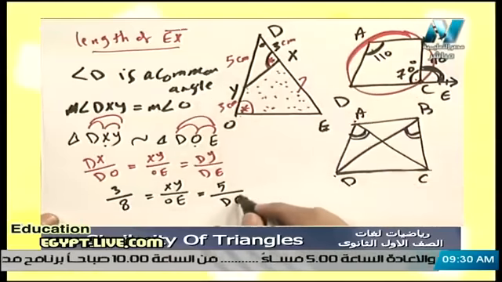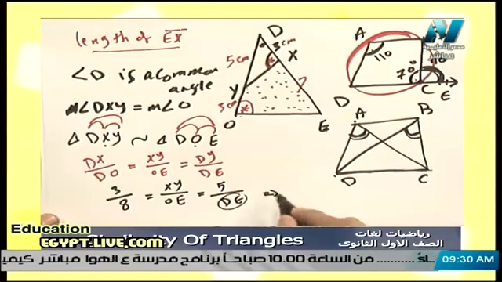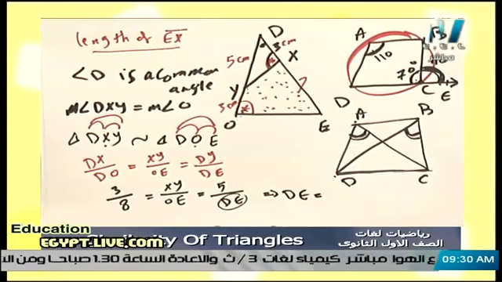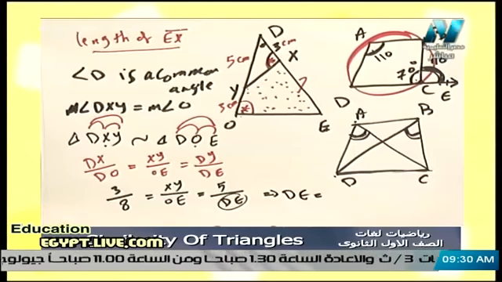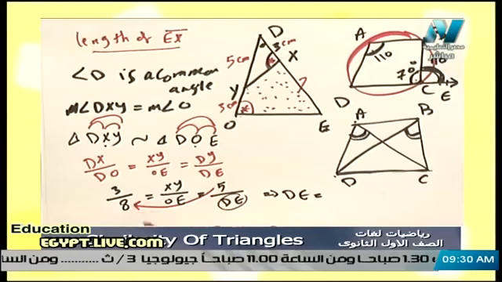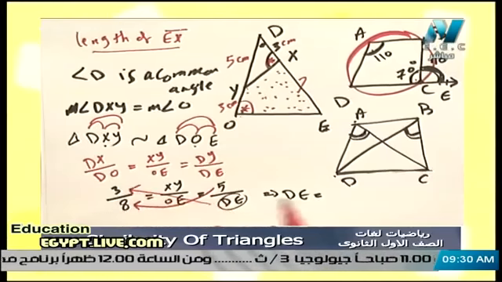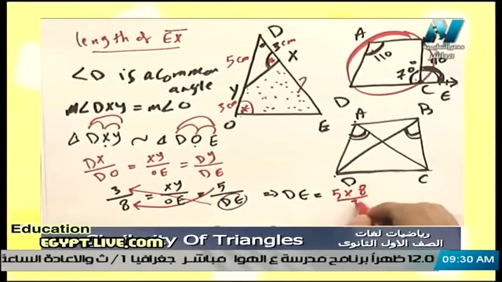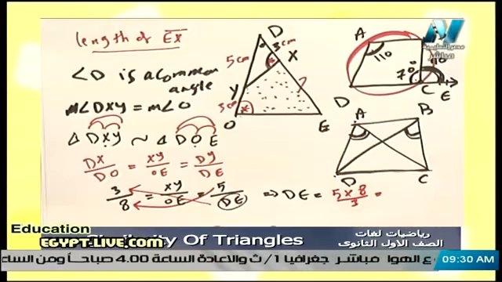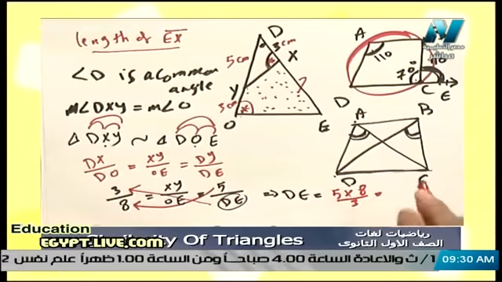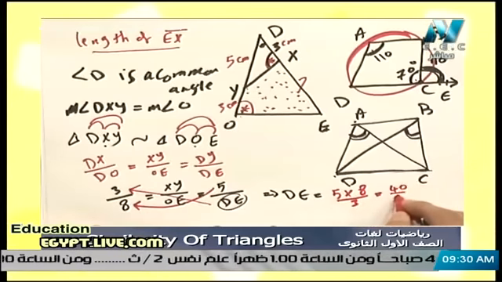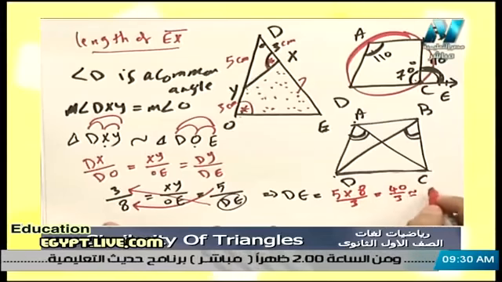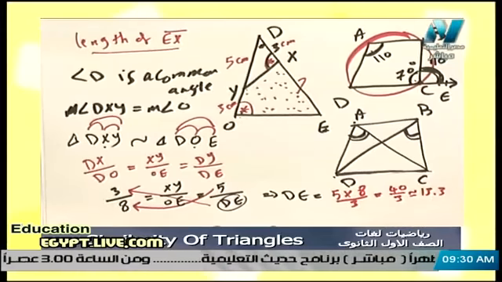To find DE, we will make cross multiplication. DE equals 5 times 8 divided by 3. 5 times 8 equals 40, so 40 over 3, approximately 13.3 centimeters.